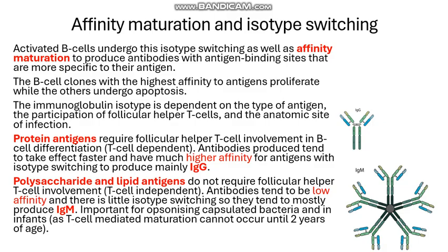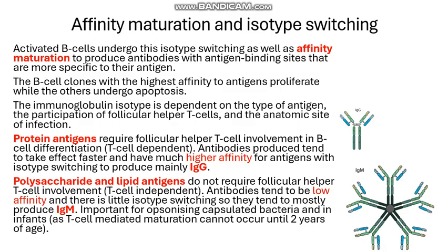So with regards to B cells, this affinity maturation is going to make sure that they're producing antibodies with antigen binding sites that are more specific to the antigen. So they're going to have a higher affinity to the antigen on their antigen binding site and form a stronger bond.